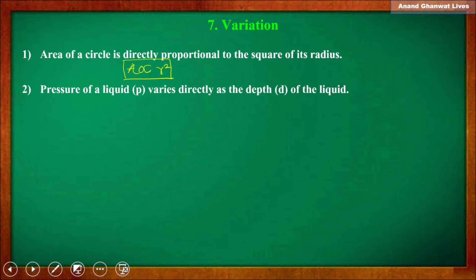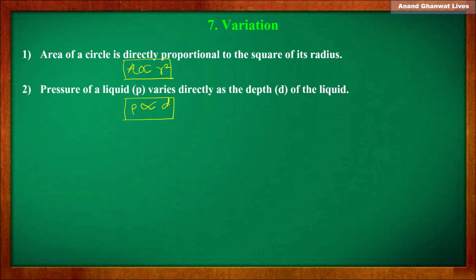Next, the pressure of a liquid varies directly as the depth of the liquid. Suppose the pressure of the liquid is P, and it is directly proportional to the depth D. So P is directly proportional to D.